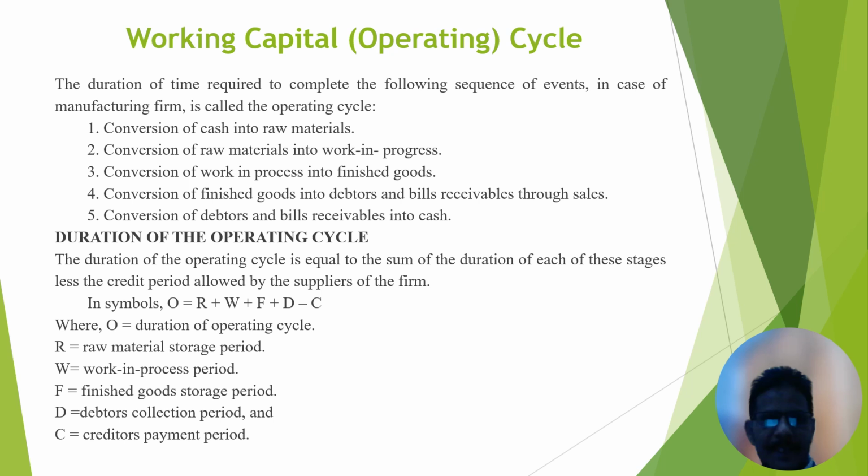This is the operating cycle. What is the duration? Suppose for this exercise we require 9 months. It means these 9 months are our operating cycle or working capital cycle. It starts from cash and ends with cash.